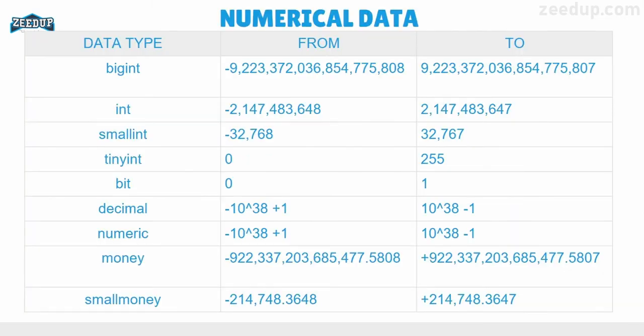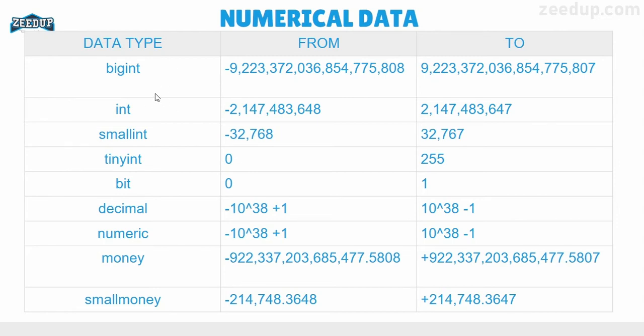So the first category is numerical data. If we want to store numbers, there are different data types available to us. There are 9 data types available which help us to store numbers. Now, this from and to are its ranges, which means any number lying between these ranges is a valid value for that particular data type.